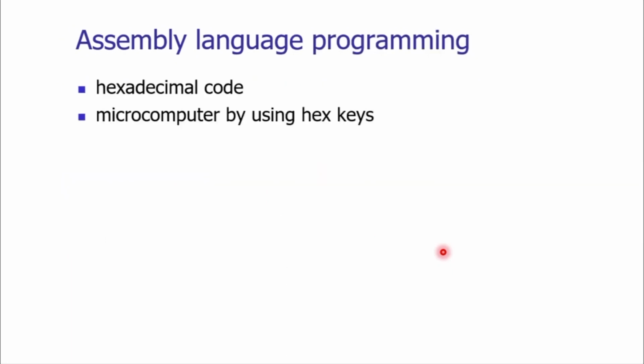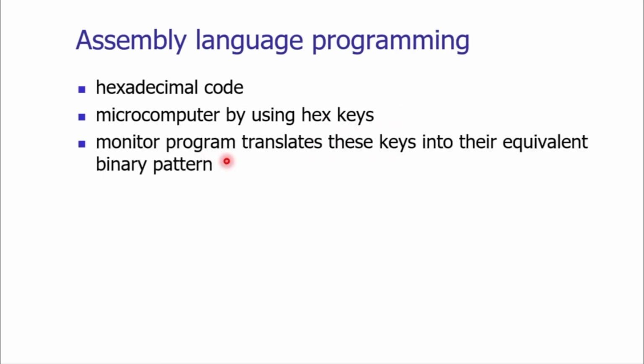The assembly language basically uses hexadecimal code, and microcomputers are equipped with hex keys. The keyboard we use for operating computers is alphanumeric with some special characters. In a similar fashion, we can have a hex-key-based keyboard through which we can communicate with the machine.